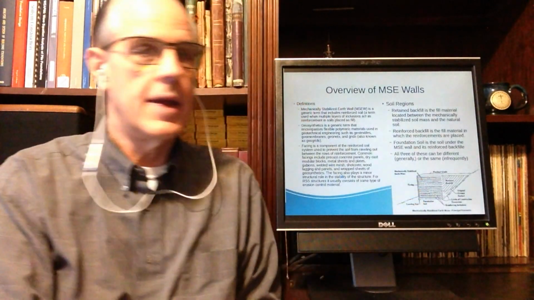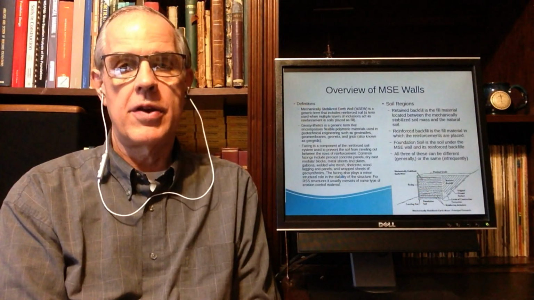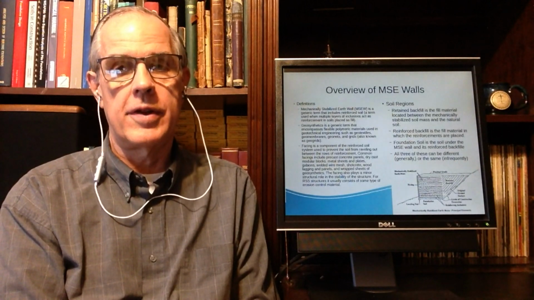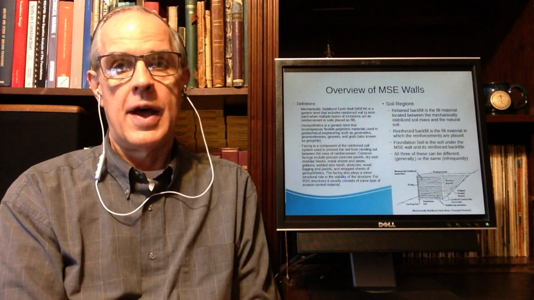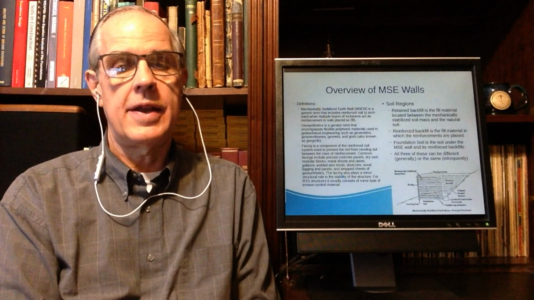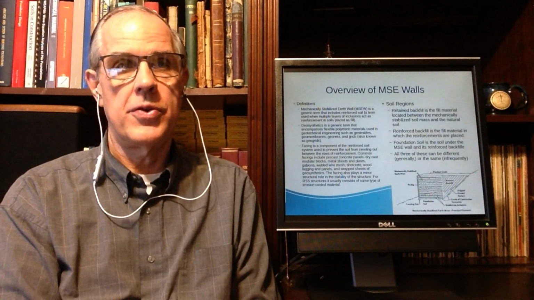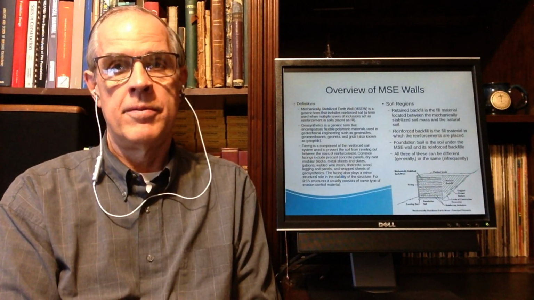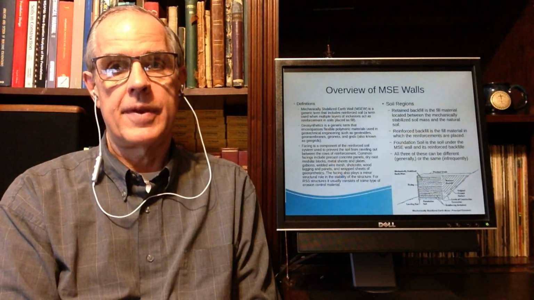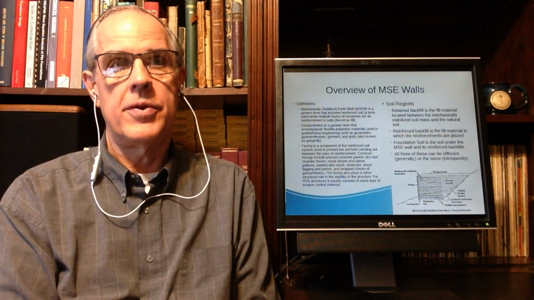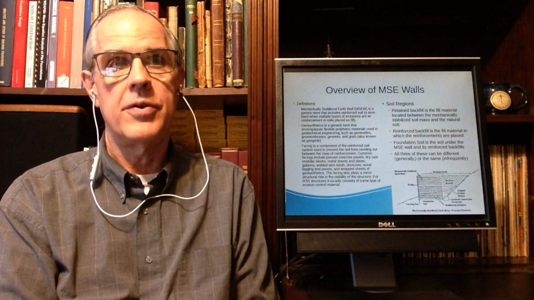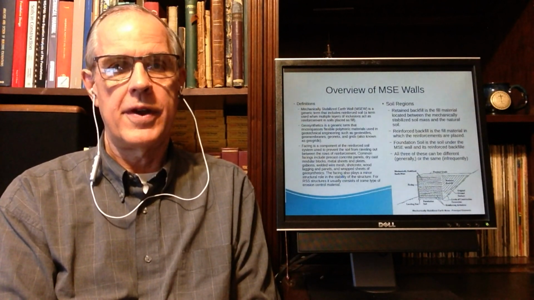Facing can be vertical. You can also have non-vertical MSE wall facings, and you do see those, but we're not going to deal with that in this course. For this course, we're going to stick with vertical facings.